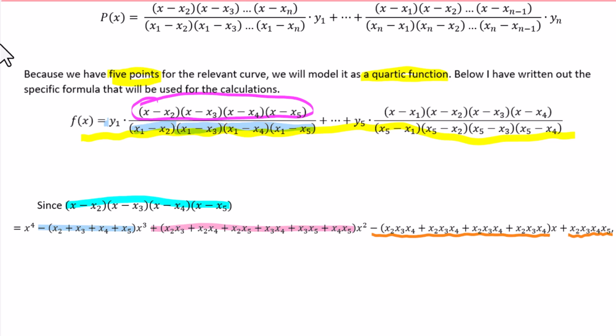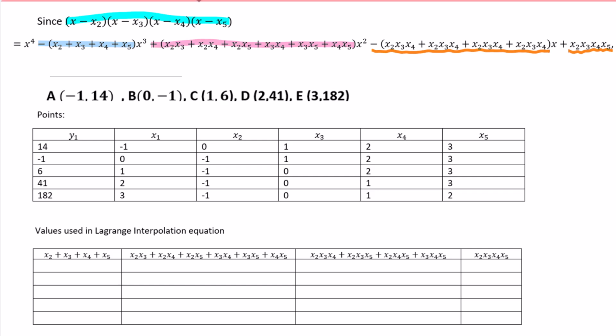Using this result, we can create the following tables. We are given these 5 points, so we will put them into this table. For the first row, A is counted as x1, y1. Second row, B is counted as x1, y1, and so on.